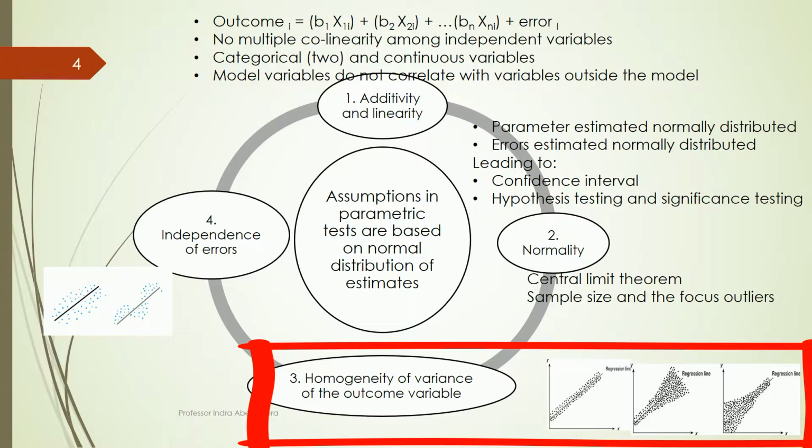That means when the independent variable varies, the variation that occurs at a given point in the independent variable on the outcome variable should be consistent along with the change in the independent variable.